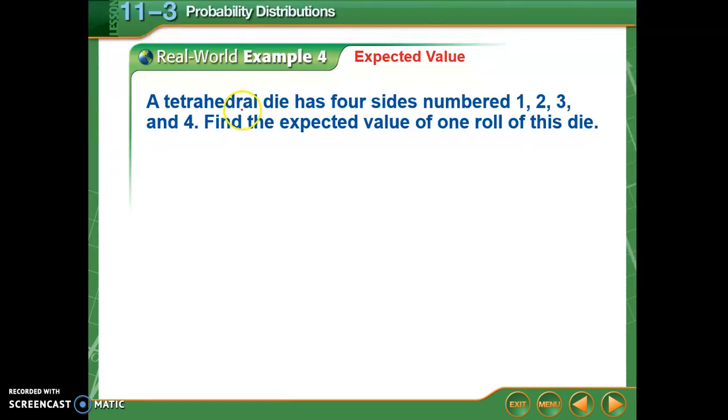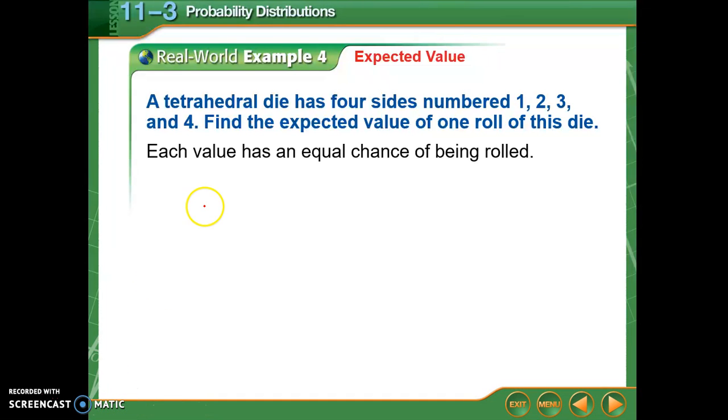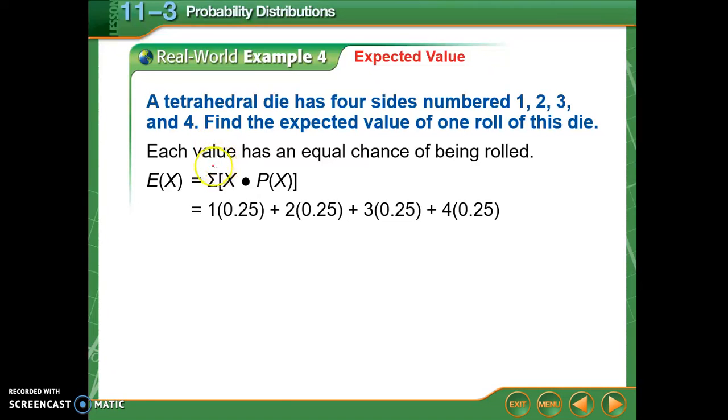Here we have a tetrahedral die, so 4-sided, 1, 2, 3, 4. Find the expected value if I roll the die one time. So in a 4-sided die, 1, 2, 3, and 4 each have a 25% chance of being rolled. So remember, this sigma means the sum of adding things up. So what's the chance of getting, there's my outcome.